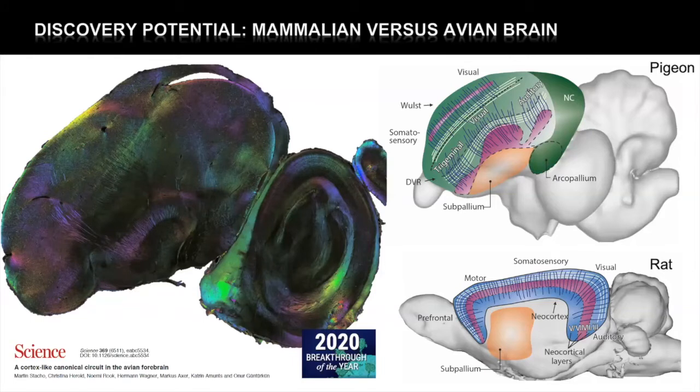What have we done so far in terms of individual section analysis? Last year we were lucky to compare mammalian brains versus the pigeon brain here, and found similar structures, perpendicularly crossing structures. You can see here, that's a sagittal section through the pigeon brain.